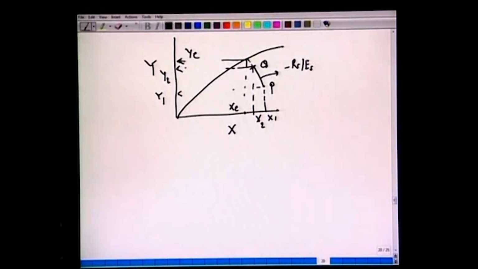So all it means is the maximum separation we can have, which means we can define efficiencies like eta E as y2 minus y1. This is what we are achieving, y2 minus y1, starting from P and ending with Q here. And the maximum we can achieve is ye minus y1. So all we have done is extend this line Q to hit this equilibrium curve, from where we get this ye.